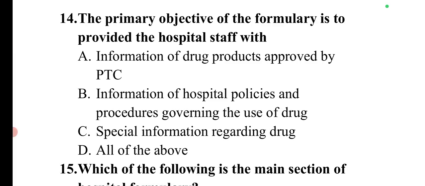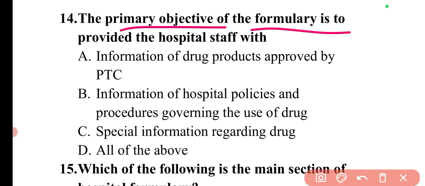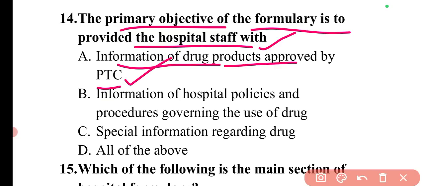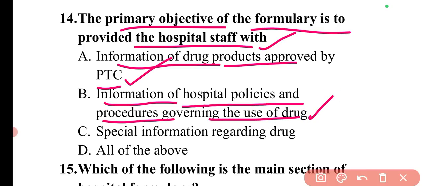Next question is, the primary objective of the formulary is to provide the hospital staff with. So basically the primary objective of the hospital formulary is to provide the hospital staff with information of the drug products approved by the PTC, that is Pharmacy and Therapeutic Committee, to provide the information of hospital policies and procedures governing the use of drugs, like how we can use the drug.